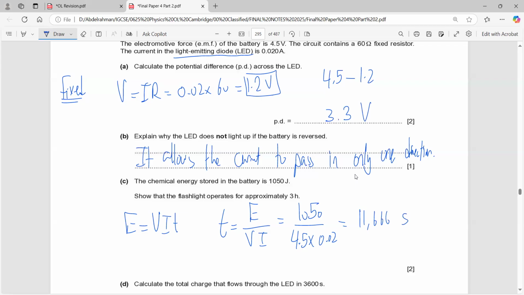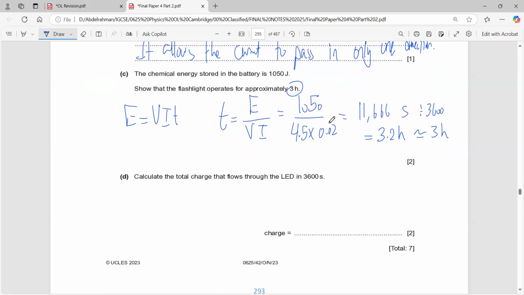Can I convert it to hours? Yes, divided by 3,600, this would give you approximately 3.2 hours, which is almost equal to 3 hours. Okay?